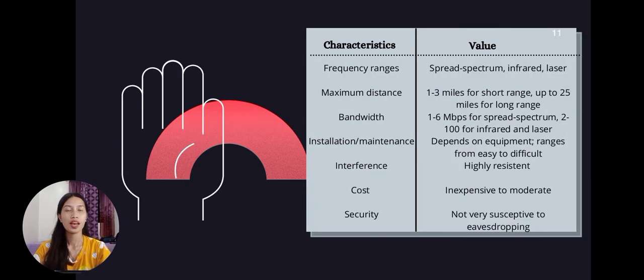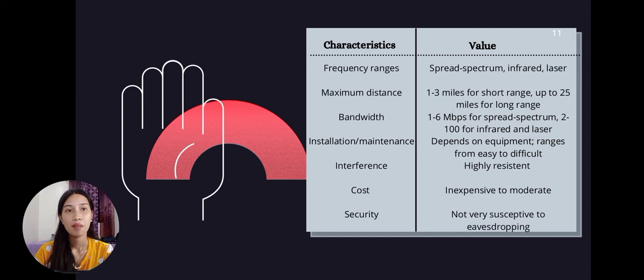So, we have the table of extended LAN technologies. For the characteristics, the frequency range value is spread spectrum and paired laser. The maximum distance value is 1 to 3 miles for short range up to 25 miles for long range.